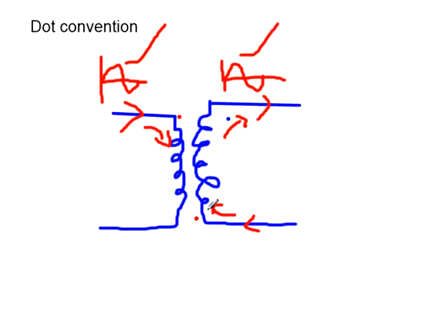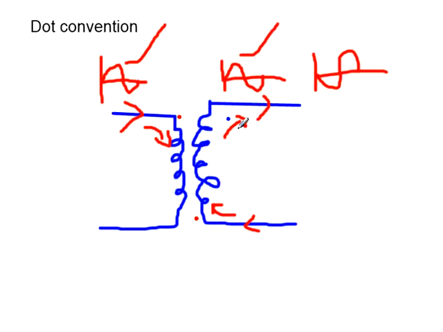Now my waveform will change like this. So what is the dot indication? The dot says that current is entering at the positive side. So here at the secondary side, the current is leaving at the positive side.